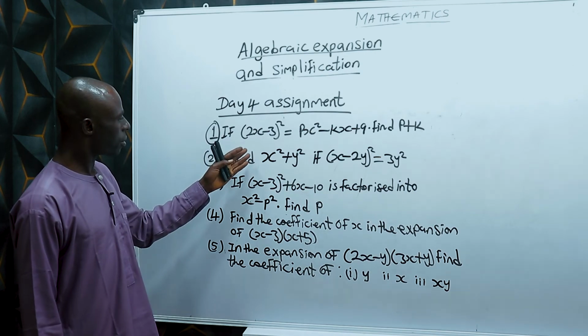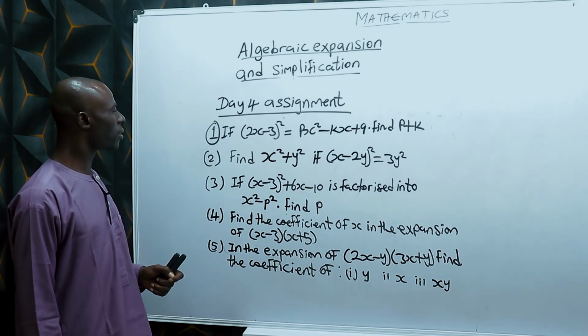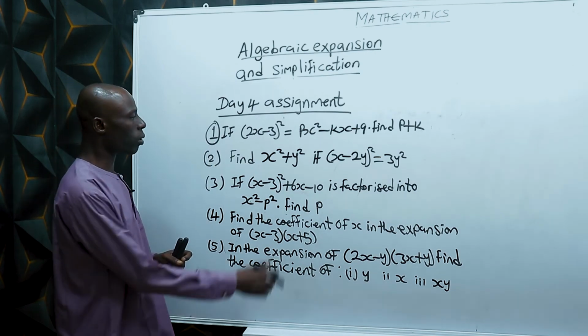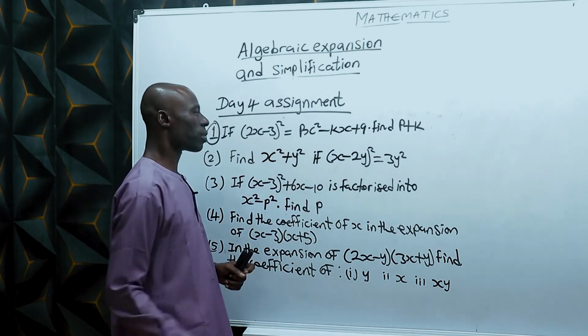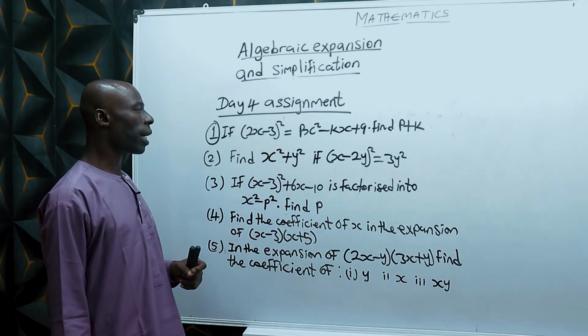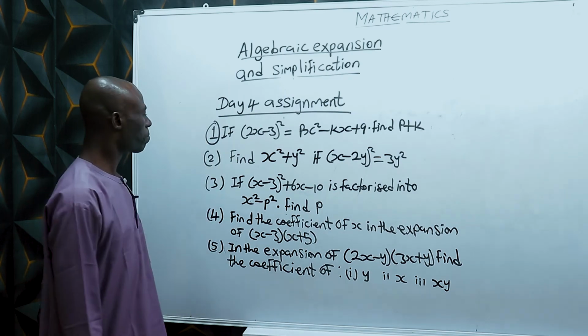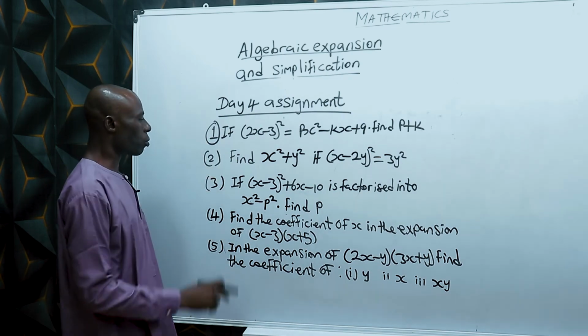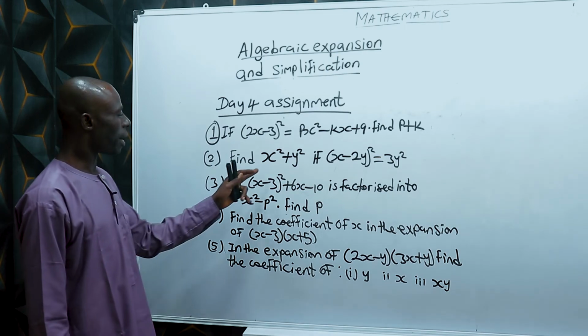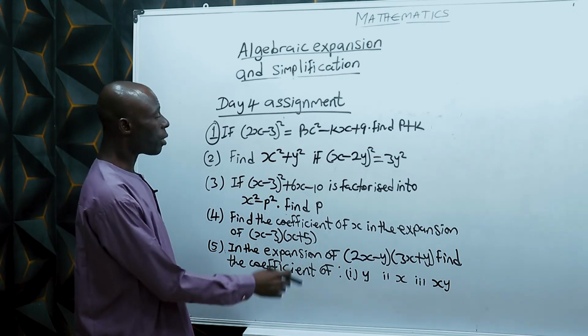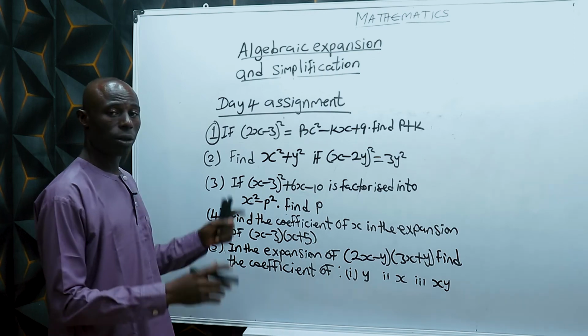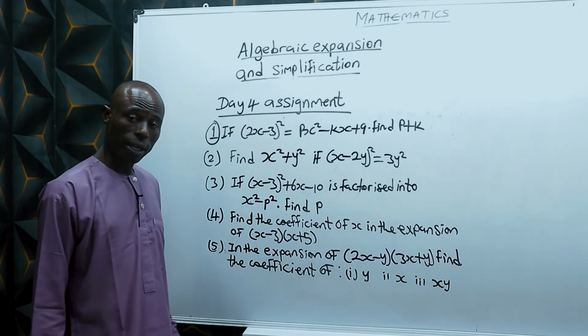Number 1: if 2x minus 3, in brackets, raised to power 2 equals px squared minus kx plus 9, find p plus k. Number 2: find x squared plus y squared if x minus 2y in bracket all raised to power 2 equals 3y squared.